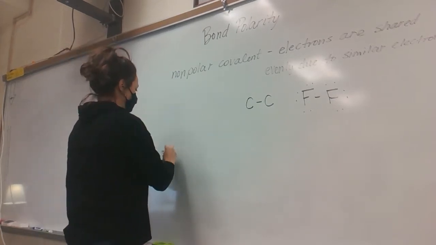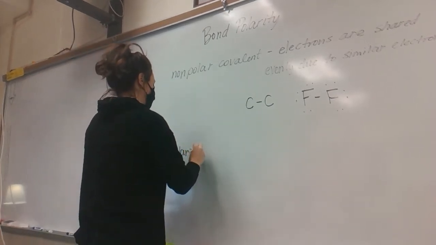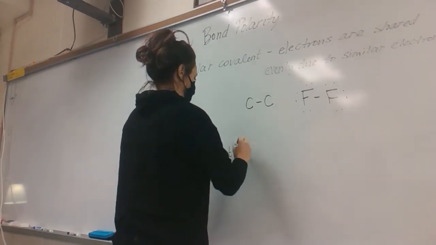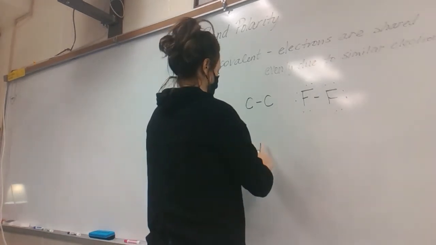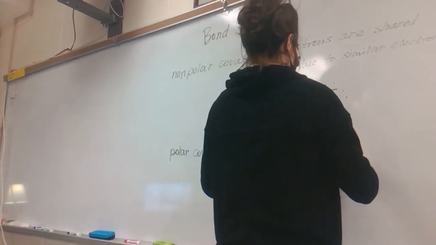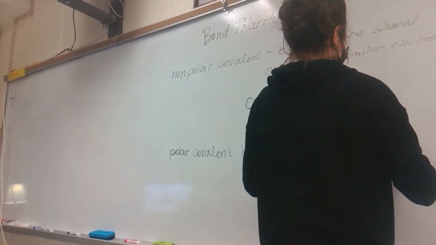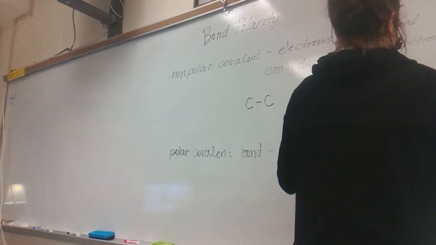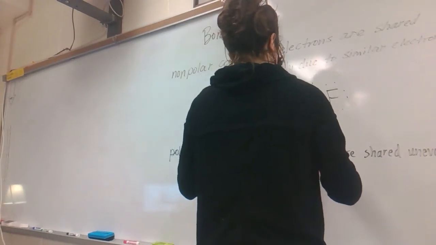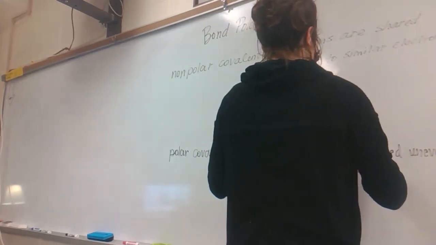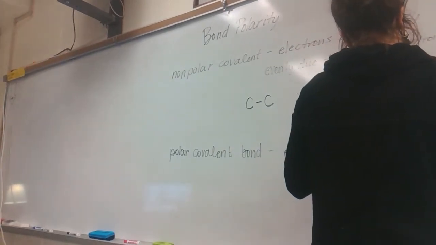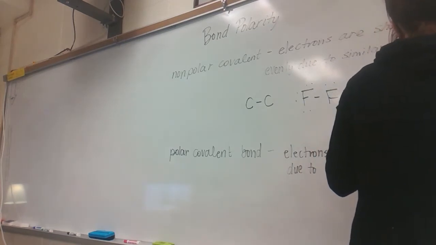Okay. In a polar covalent bond, electrons are shared unevenly due to one atom being more electronegative.